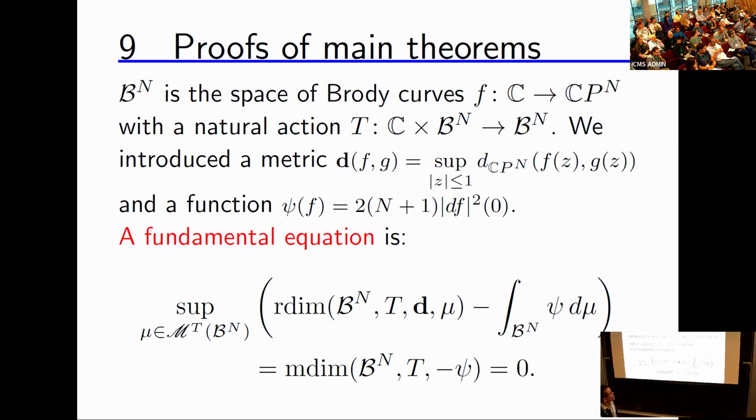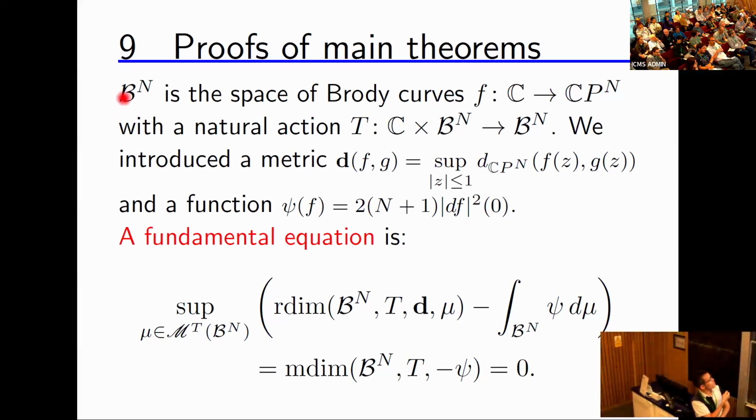Okay, so let's go back to Brody curves. So recall that B_N is the space of all Brody curves in CP^N, and it has a natural group action denoted by T. And we introduced a metric D on B_N by this formula, and we also introduced a function c by this formula. So this space has a group action and a metric and a function. So we can consider its mean dimension with potential.